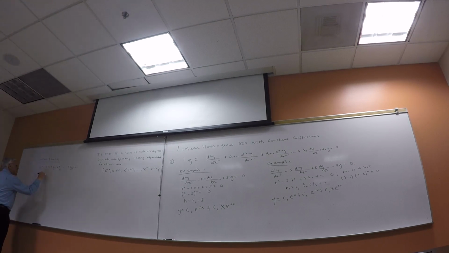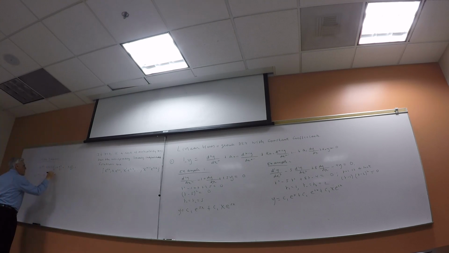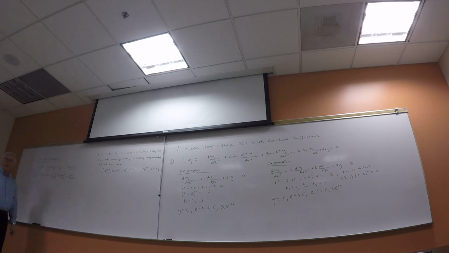It's 1 plus i theta plus, be careful, it's i theta, the whole thing squared, over 2 factorial, plus i theta, the whole thing cubed, over 3 factorial, plus, and go one more, i theta to the 4th over 4 factorial. So all I did is replace z by i theta. And we all know the property of i, right? i squared is minus 1, and therefore we get any power of i.